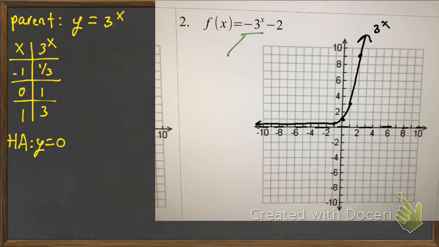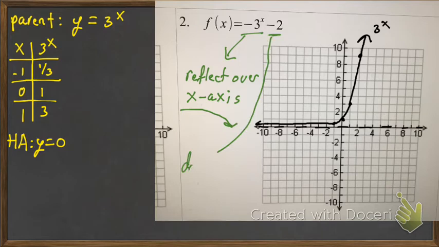Alright, so what's going on with minus 3 to the x power minus 2? The minus outside the function is going to cause a reflection over the x-axis. And if we're reflecting over the x-axis, that horizontal asymptote is still going to be at y equals 0. However, the vertical shift down 2 units is going to cause the horizontal asymptote to go down 2 units, so the horizontal asymptote will now be y equals negative 2.